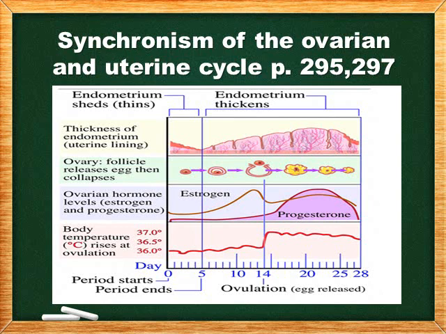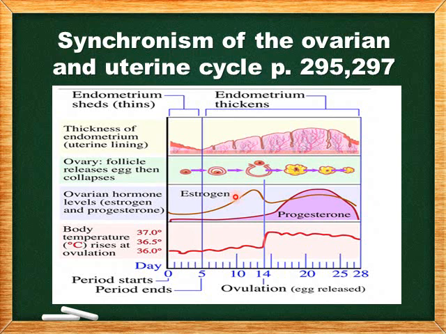So, here we have to look for this synchronism between them: ovarian cycle, endometrial cycle, secreted hormones. Ovarian cycle: tertiary, Graafian, ovulation, corpus luteum, pre-ovulatory, post-ovulatory, follicular phase, luteal phase.